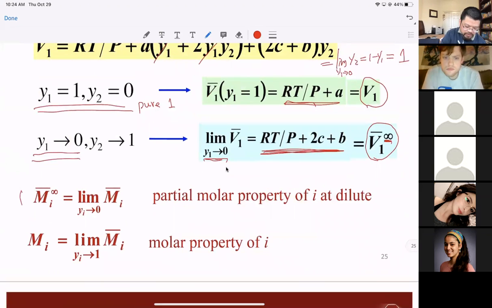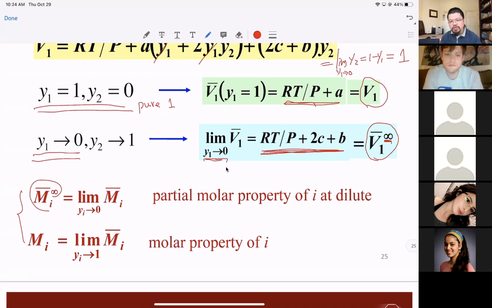So again, I have this extra symbol expressed over here. When we try to have this molar fraction going to 0, then we have the so-called partial molar property at dilute, which is the maximum partial molar property we could have.